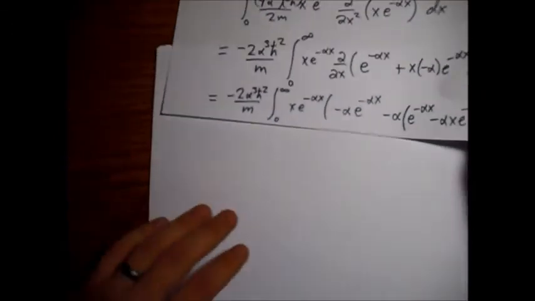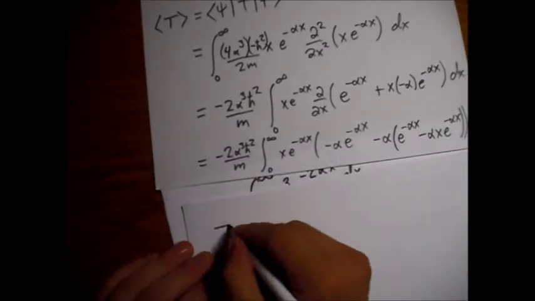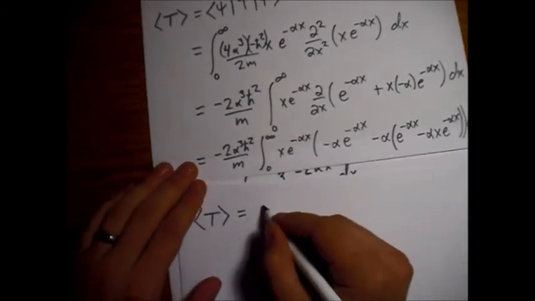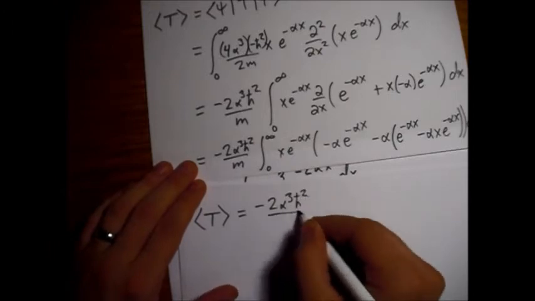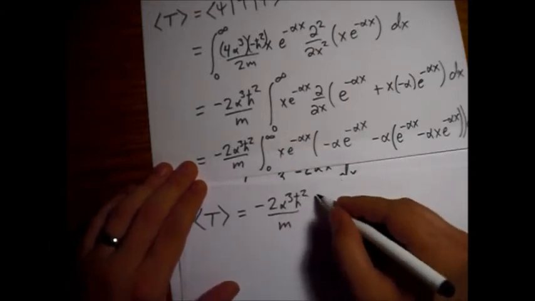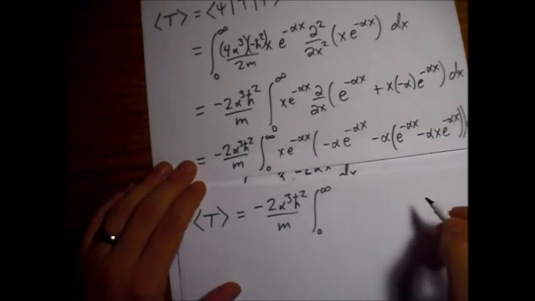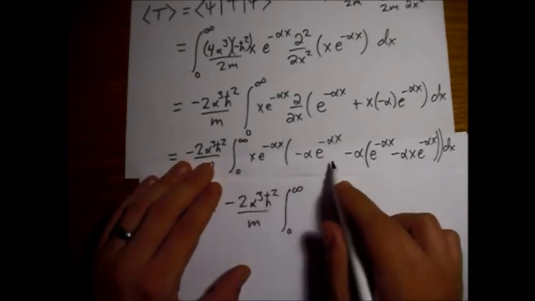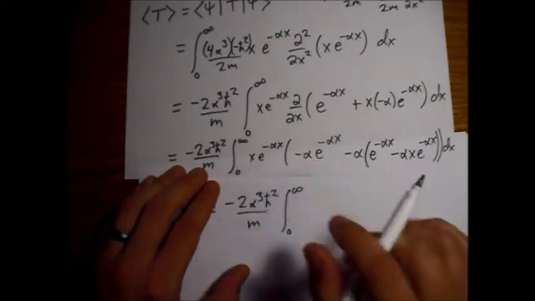All right, here we go. Continuing on, finding the expectation value of our kinetic energy. We've got a minus 2 alpha cubed h bar squared over m. Now let's see if we can make any sense of this. How should we do this? Let's just multiply these two terms together.